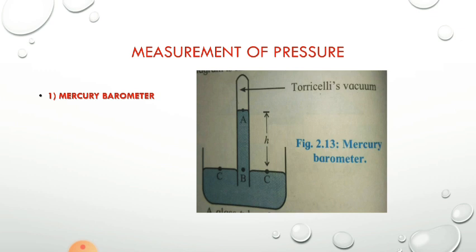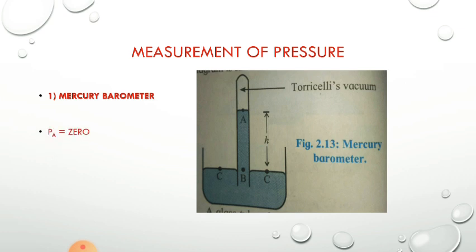The gap does not contain any air and it is called Torricelli's vacuum, which is shown in this diagram. It does contain some mercury vapor. Thus, the pressure at the upper end of the mercury column inside the tube is zero. That is, the pressure at a point such as A is Pa equal to 0.